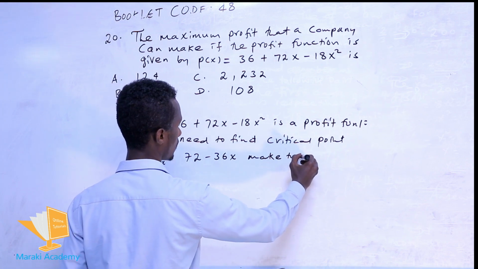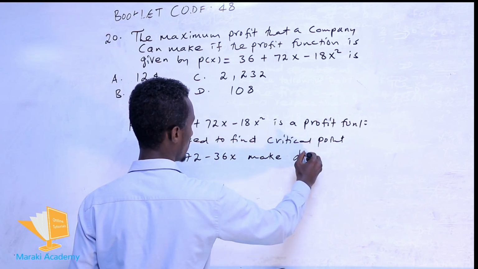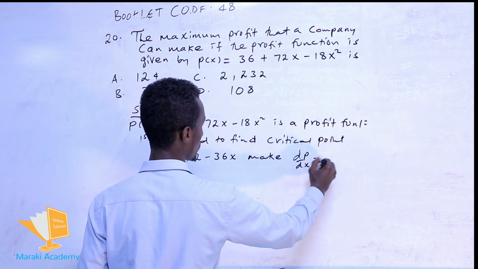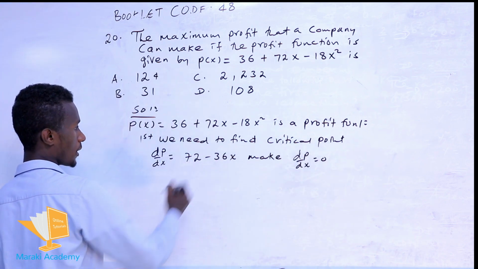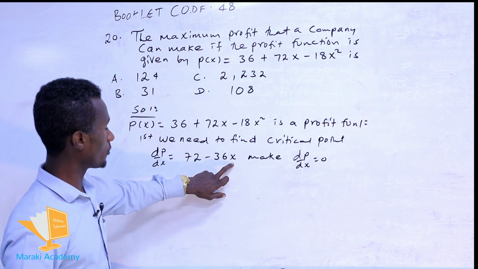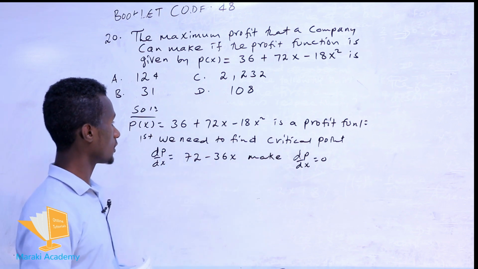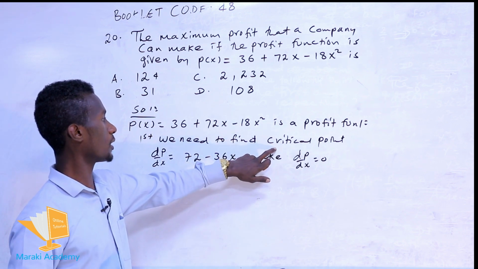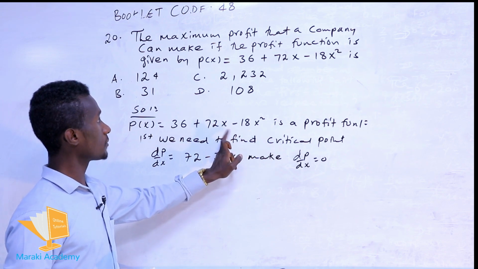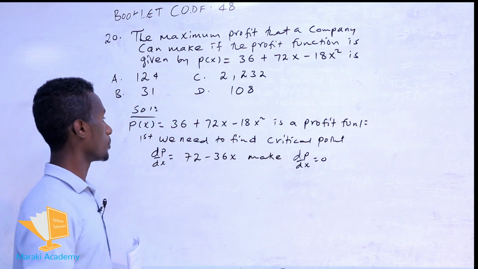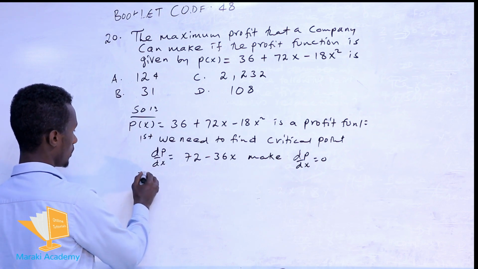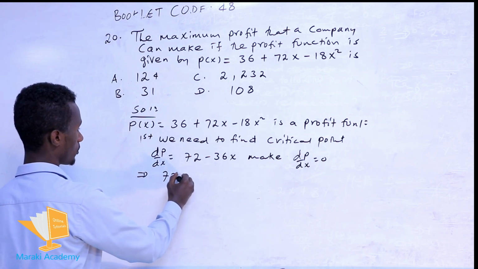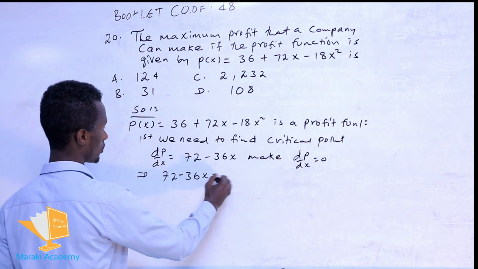So we must make dp by dx equal to 0, and by doing so we find the x value. The x value is the critical point, which is the value where our function is maximum or minimum. So we make 72 minus 36x equal to 0.